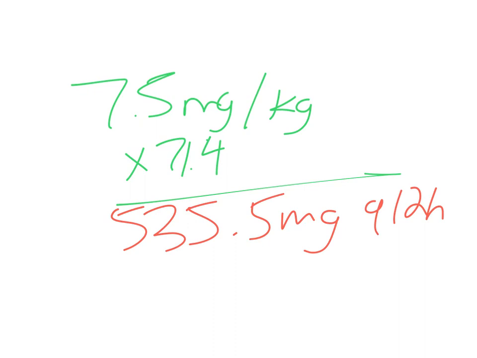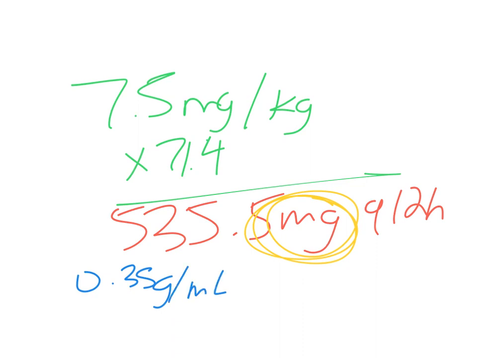And just like I showed you all on the last problem, anytime we're taking a solid weight dose, like from milligrams, kilograms, micrograms, milliequivalents, whatever it might be, if we're taking a solid weight and we're trying to convert it into liquid form, we need a dosage formula. Conveniently, what it told us in that problem is what's available. It said that what's available is 0.35 grams for every milliliter.